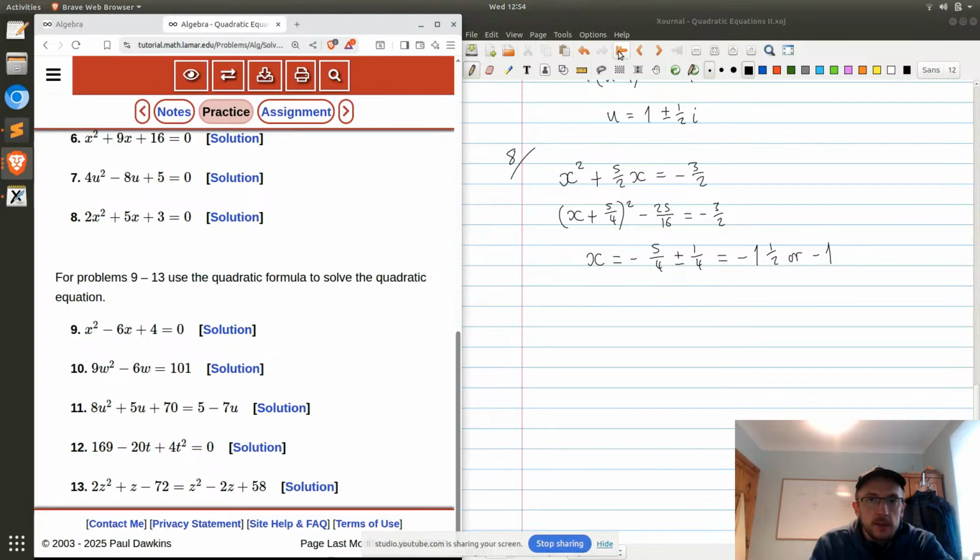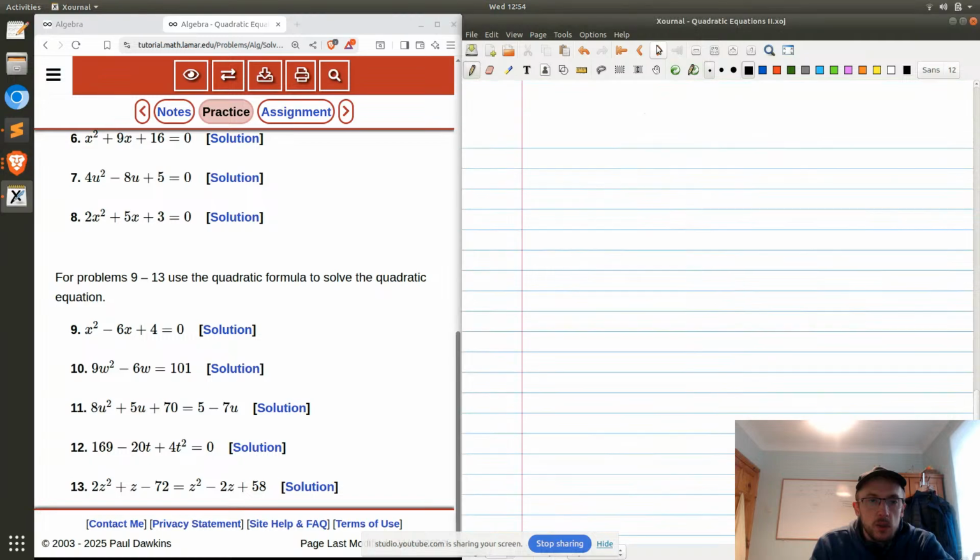Now for the next set of problems, we need to apply the quadratic formula. Which is as follows. So when I apply it to the 9th one, what will I get?